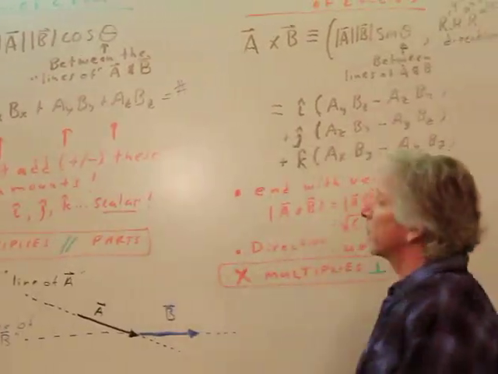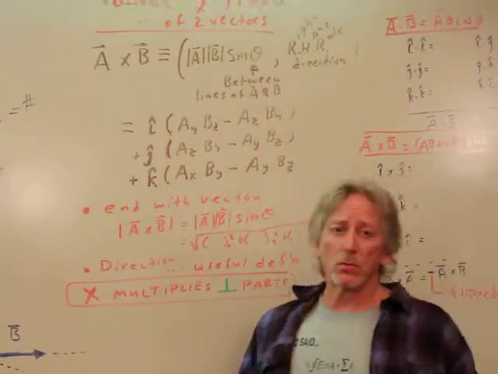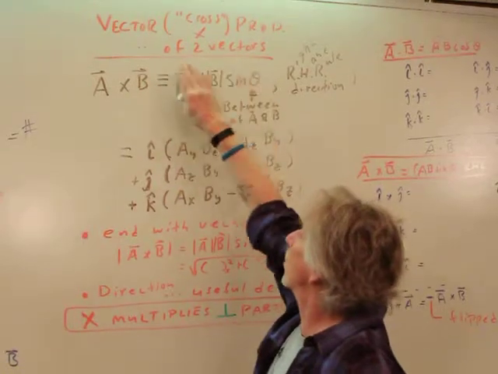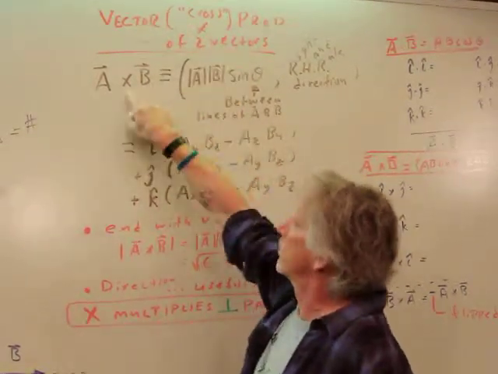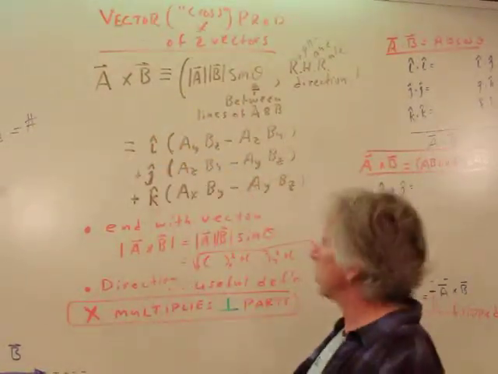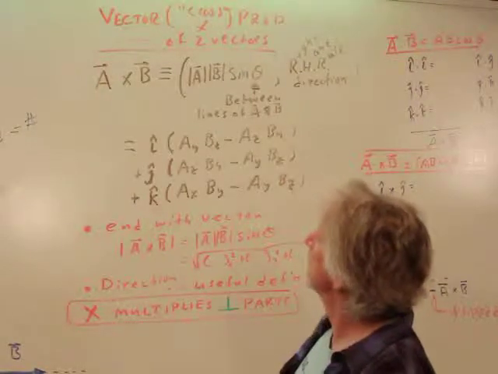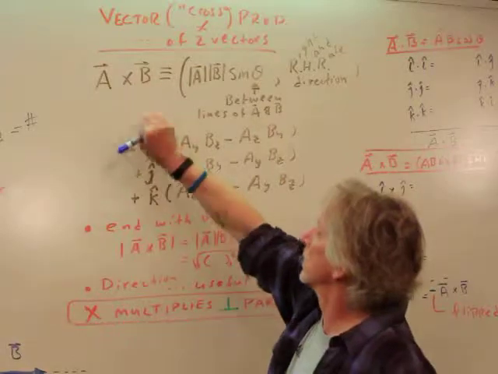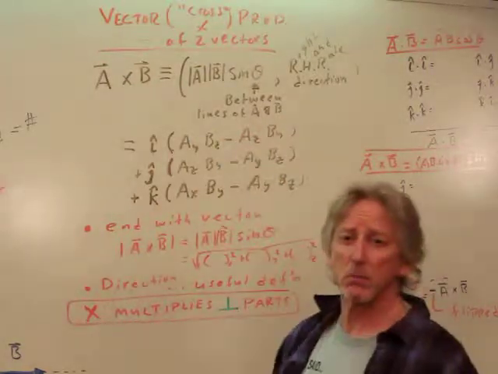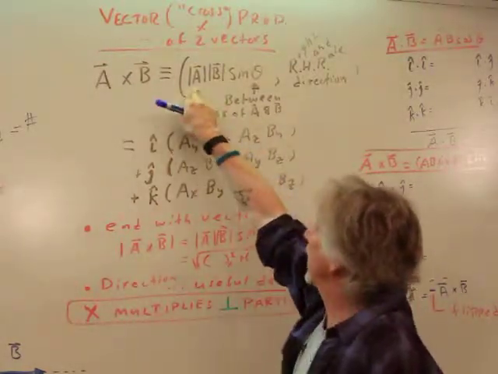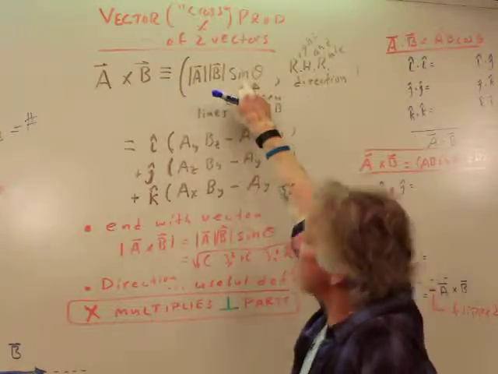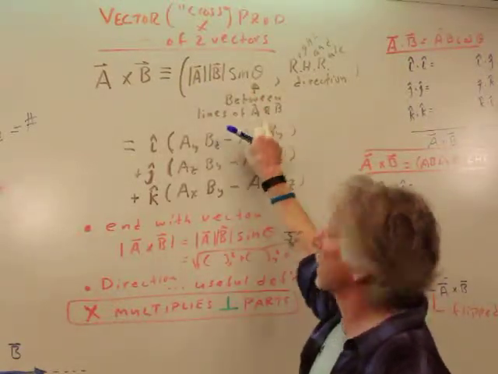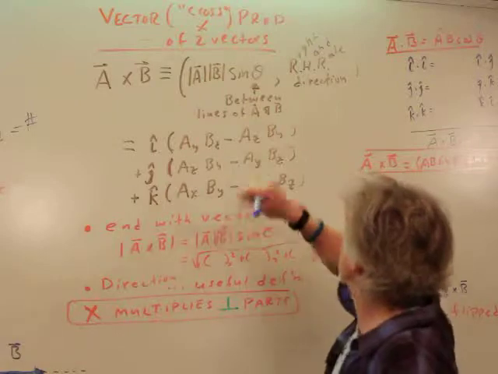All right, what's the basic definition for the vector product of two vectors, or the cross product, named because somebody chose to use that symbol here to distinguish those? Well, again, it's a vector. So you've got two vectors, you multiply, and you get by this made-up rule, the magnitude of A times the magnitude of B times the sine of the angle between the lines of A and B. Okay, go with that.